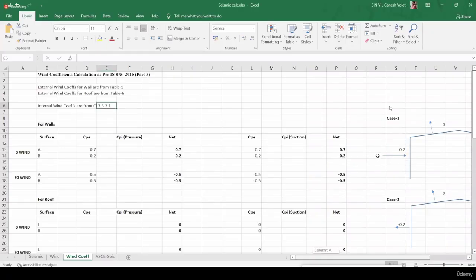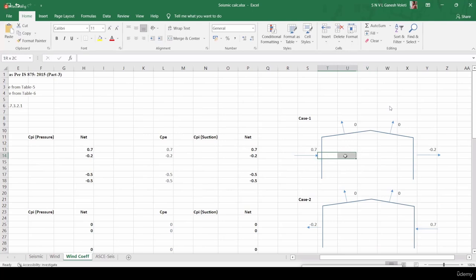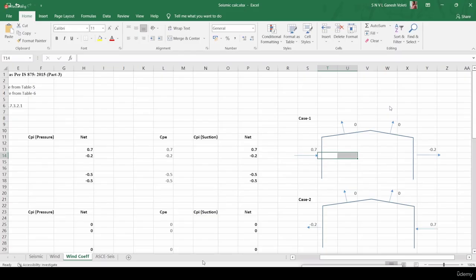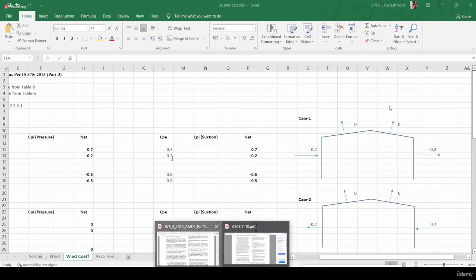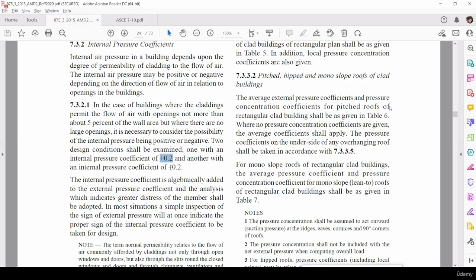If it acts away from the surface, that is negative, minus 0.2. So it is the same value, but with a plus condition and a minus condition, right? Plus 0.2 is one case, minus 0.2 is another case.